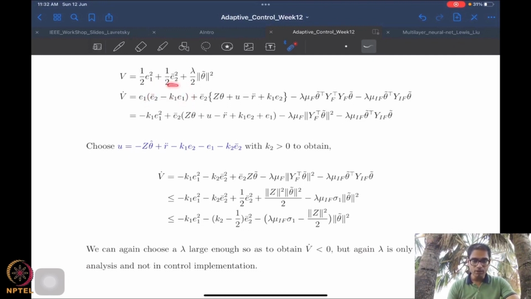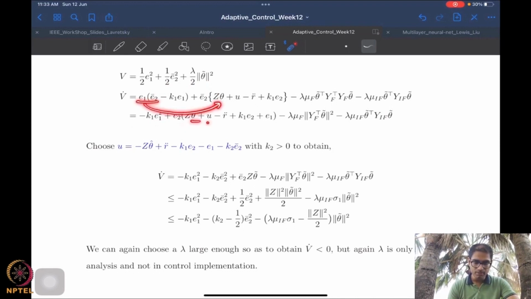And then E2 bar dot is just E2 dot plus K1 E1 dot, which is this one. And then of course I'm left with this nice set of terms from my parameter update here. All right, great. Now what? I have this nice negative term in E1 which I keep. Then I have this term in E1 E2 bar which I club with this one.